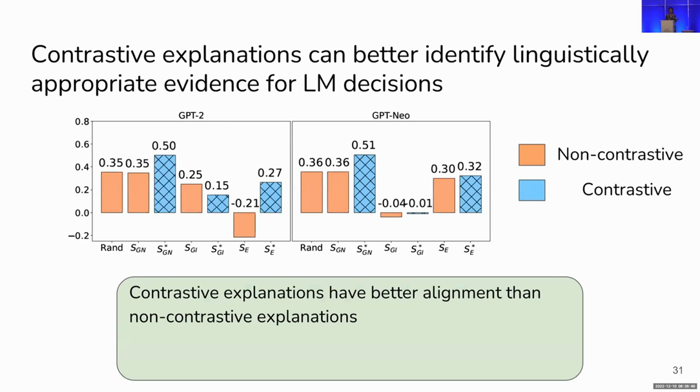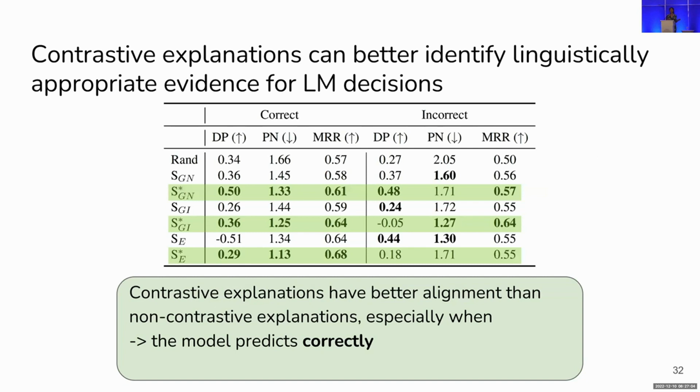Overall, we find that non-contrastive explanations don't do much better in terms of alignment over a random baseline. Contrastive explanations have better alignment than their non-contrastive counterparts, which are in blue. And we find that this is even more so the case when the model predicts the correct word.